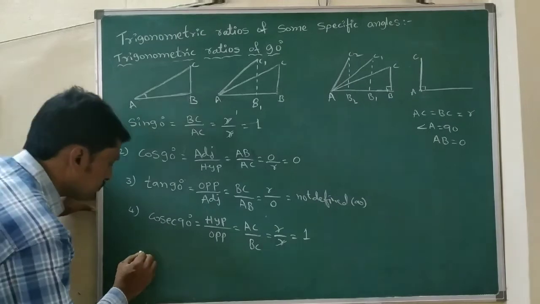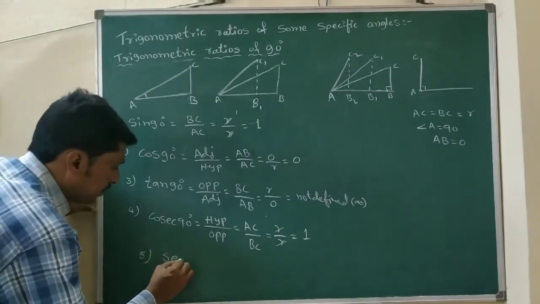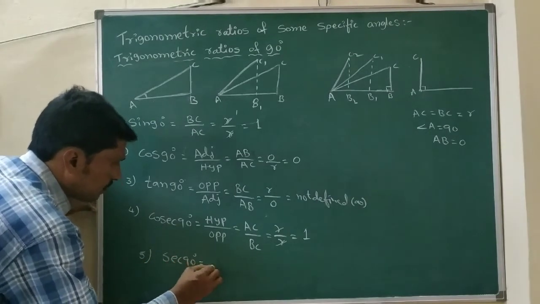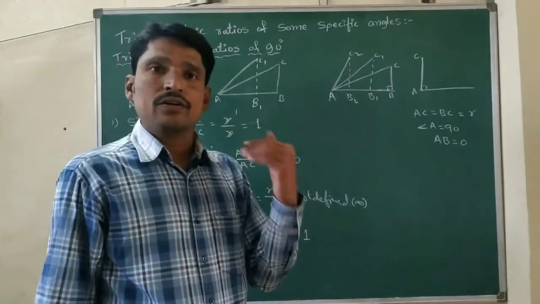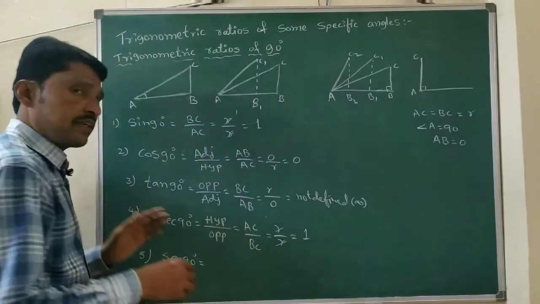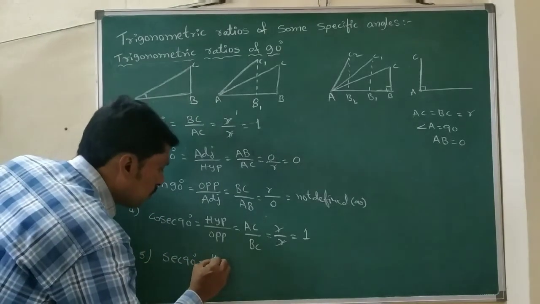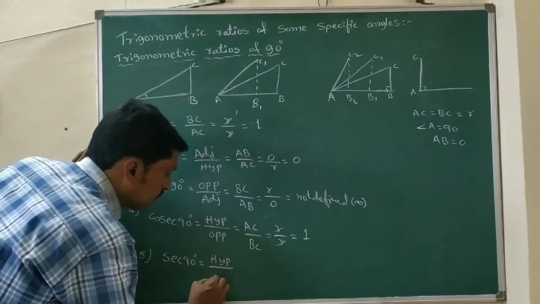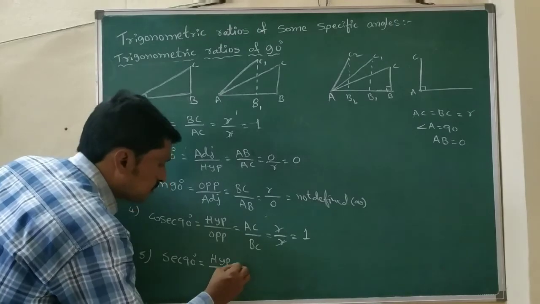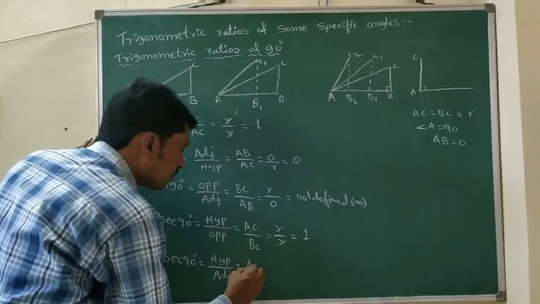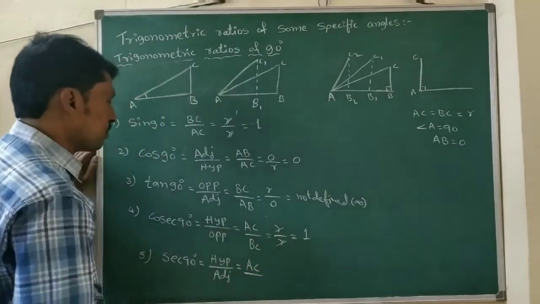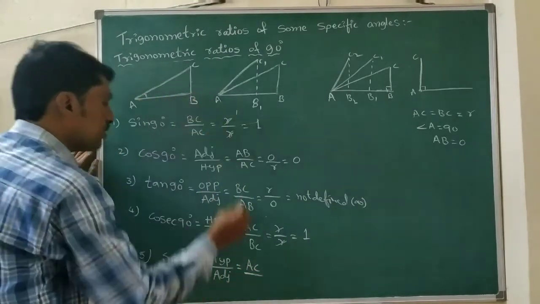Next, the fifth one, sec 90. What is sec? Hypotenuse by adjacent side to the angle. Hypotenuse is AC, adjacent is AB.